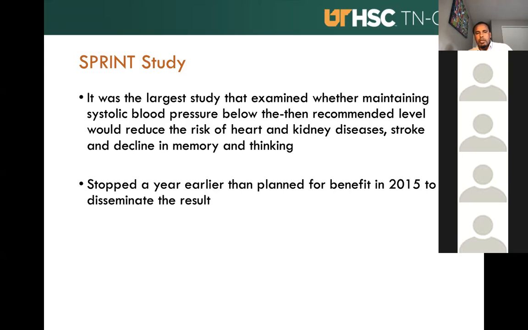The study was stopped a year earlier than planned for benefit in 2015 to disseminate the results. The finding was that reducing the original threshold for hypertension from 140 systolic over 90 diastolic to 130 reduces the risk of cardiovascular disease, kidney disease, and others.